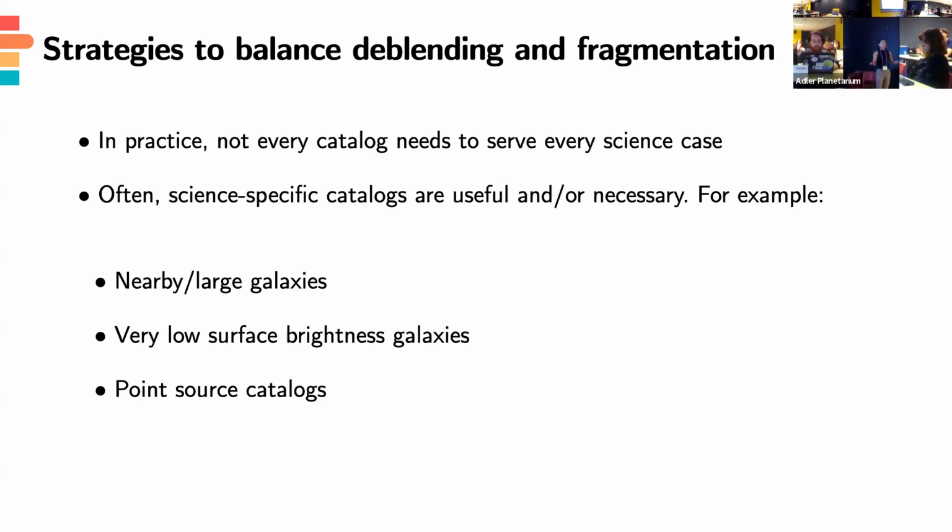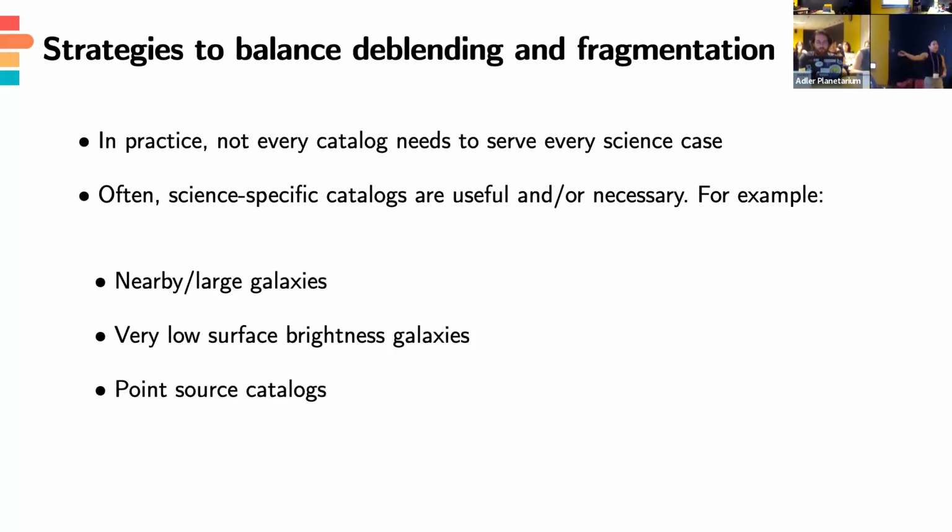And again, in this case, science-specific catalogs can be very useful because you're looking for things that are close to the noise threshold. So these catalogs need to be really cleaned and really vetted. And that's not something that you want to do for your main photometric catalog. If only, let's say, 1% of your sources are true low surface brightness galaxies, you don't want your main photometric catalog to be clogged up with the 99% of other low surface brightness artifacts.